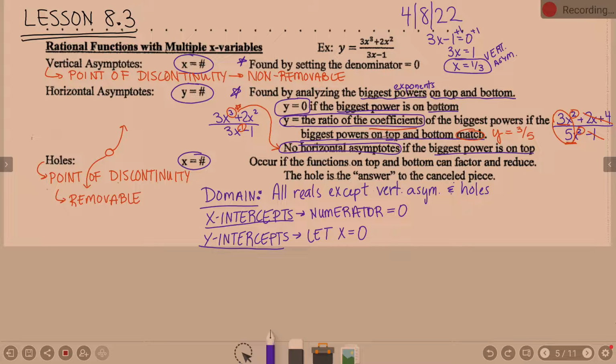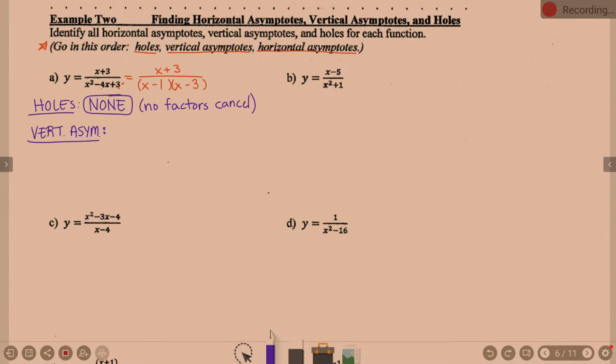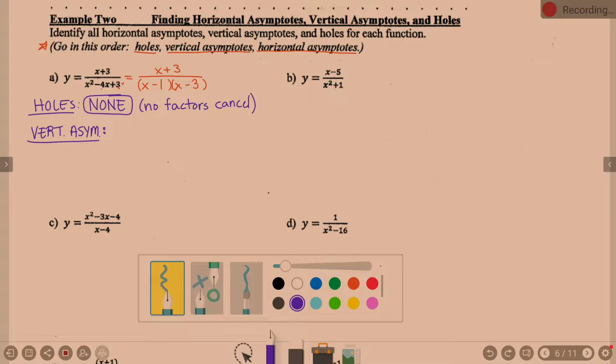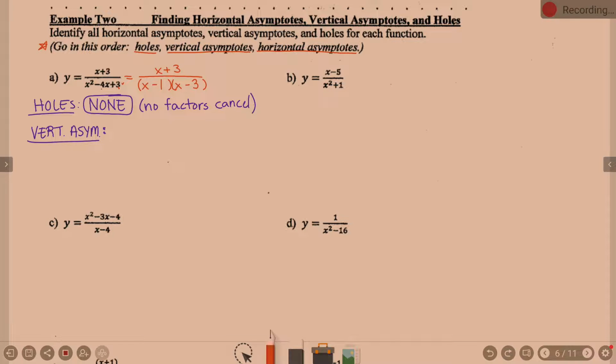Okay. So, you have two options. You can set the original denominator equal to 0, or you know what I like better? The factored denominator equal to 0. We've done this. If I set my denominators equal to 0, so if I set x minus 1 equal to 0, and x minus 3 equal to 0.